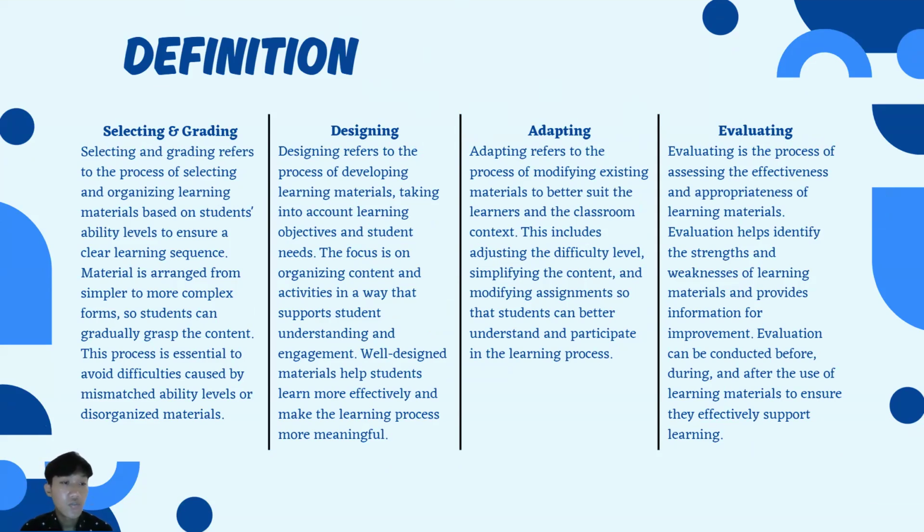Material is arranged from simpler to more complex forms, so students can gradually grasp the content. This process is essential to avoid difficulties caused by mismatched ability levels or disorganized materials.